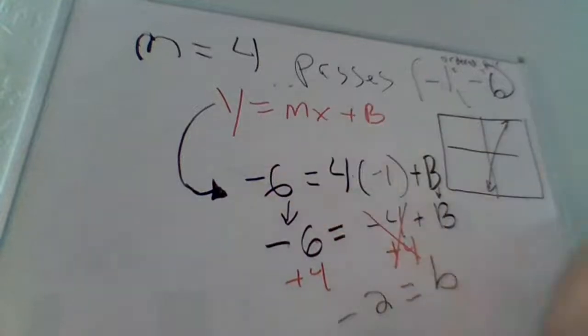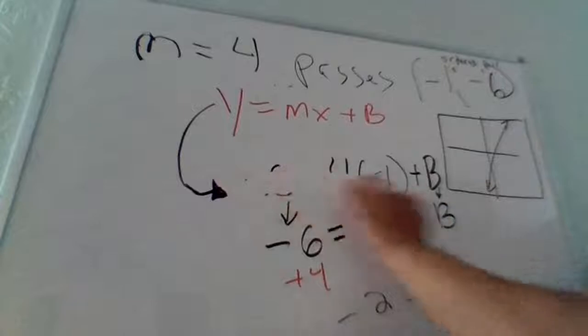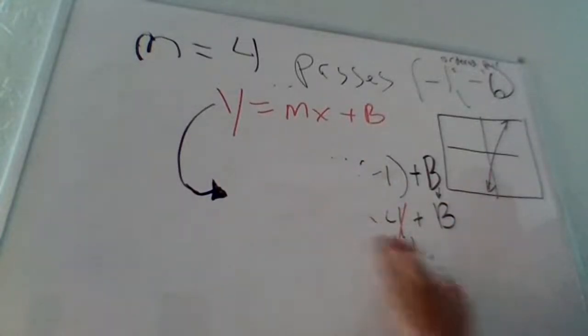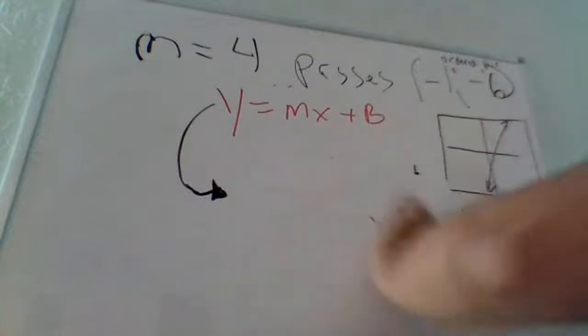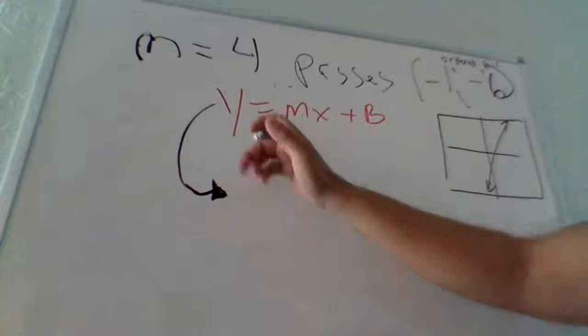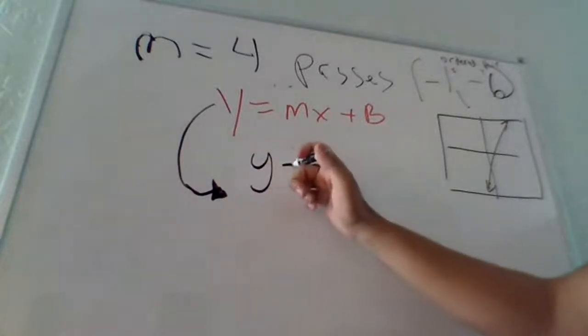Okay. Well, let's start off with the y. So we have all this information. We know the y is not going to change. I'm only erasing this for the sake of space. So we know the y has to stay the same to be in slope intercept form.